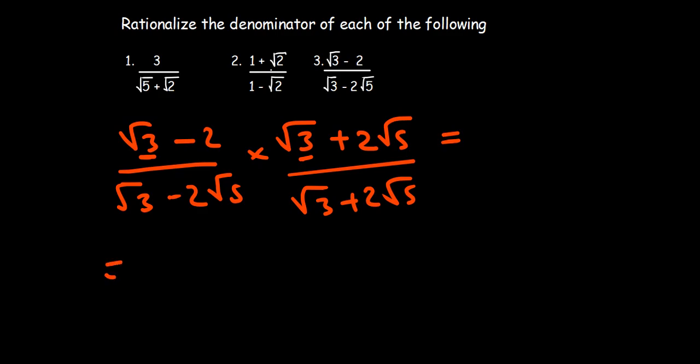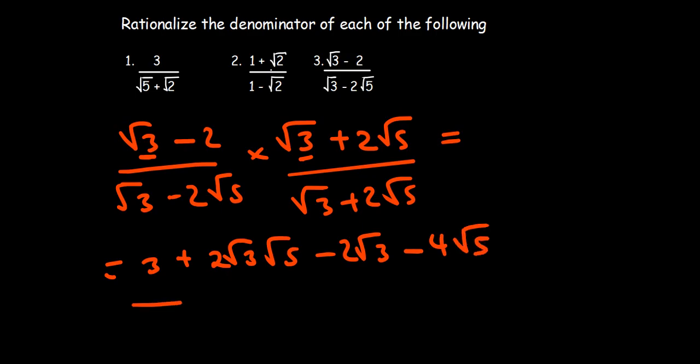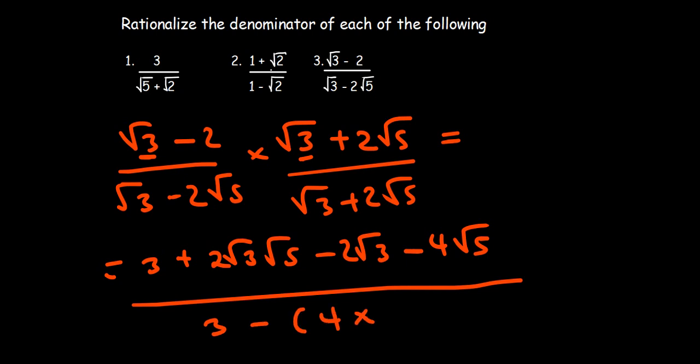Here you will get 3 plus 2 root of 3 root of 5 minus 2 root of 3 minus 4 root of 5, then divided by, squaring that, 3 minus 4 times 5, because when I multiply 2 by 2 I get 4, and square root of 5 times root of 5 cancel and I remain with 5.